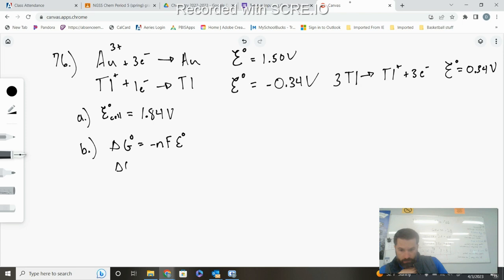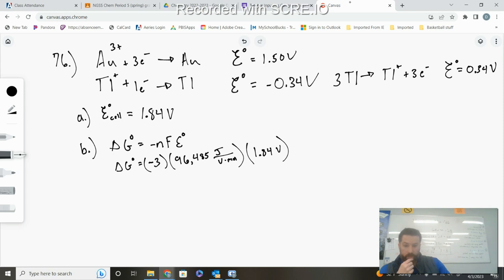So I got delta G naught equals negative 3 times Faraday's constant, 96,485, sorry, not volts, joules per volt per mole. And my voltage is 1.84 volts.